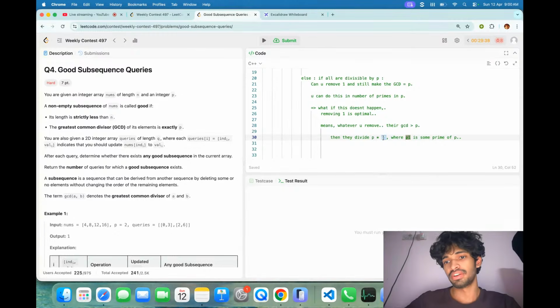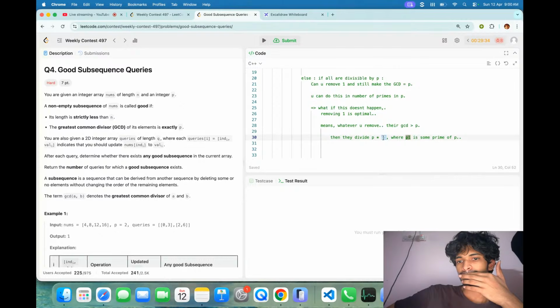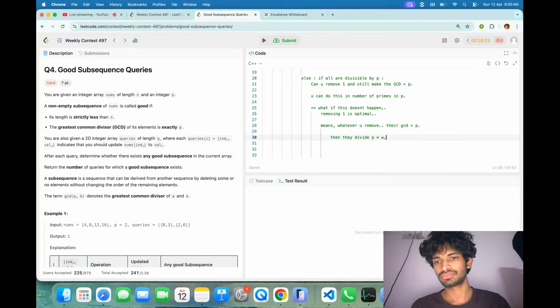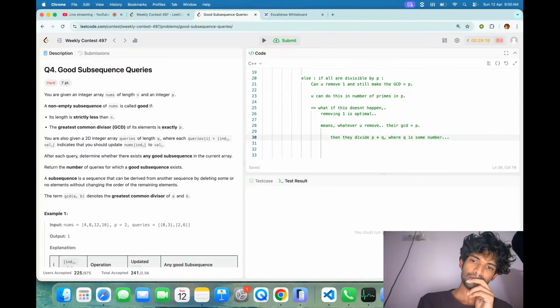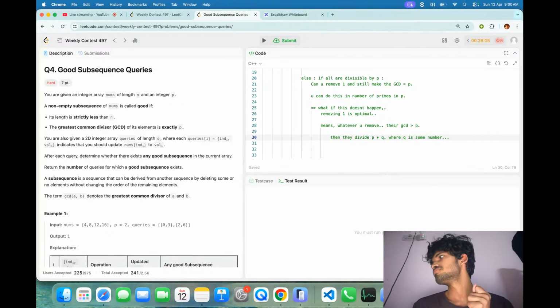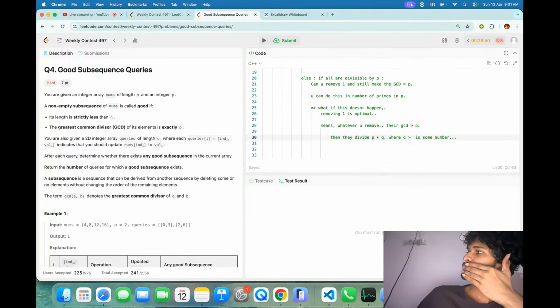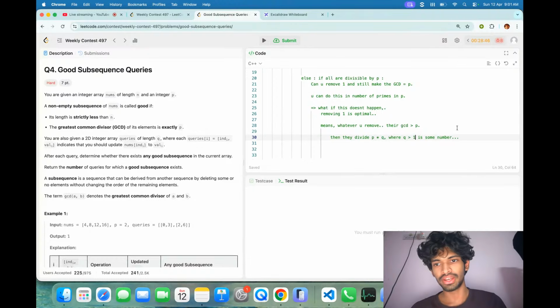Actually, it need not be some prime of P1. P1 is some number times Q, where Q is some number greater than 1.